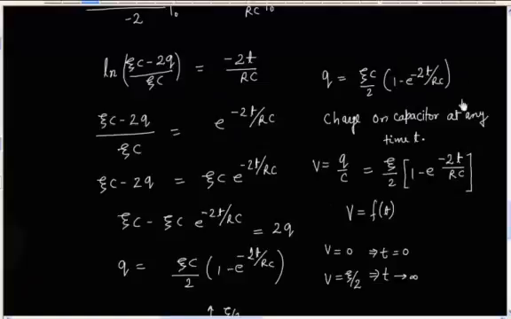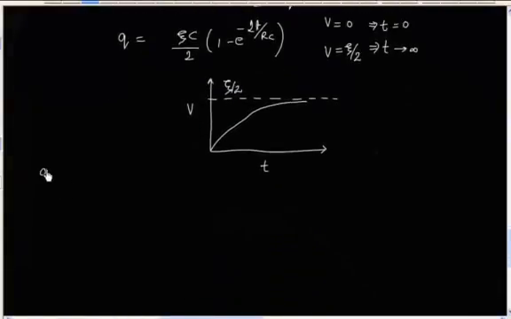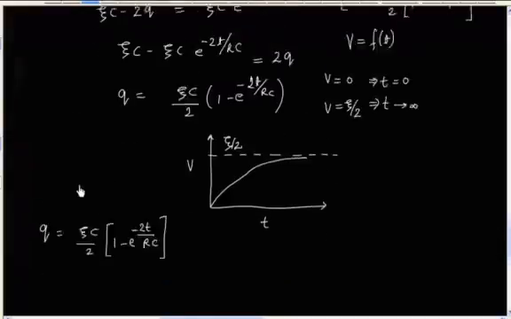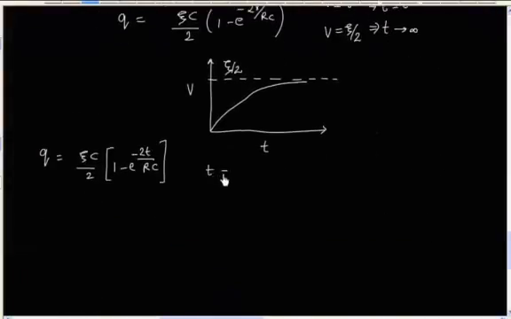Similarly, one can plot the charge on the capacitor as a function of time. Same thing. So we have Q equals xi C by 2 times 1 minus e to the power minus 2t by RC. So let me check. This is minus 2t by RC. When time is 0, there is no charge on the capacitor, that is Q equals 0. If I put t equals 0, this term will be 1, so the charge is 0.